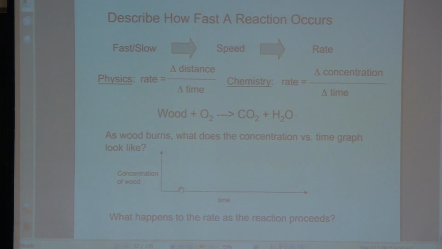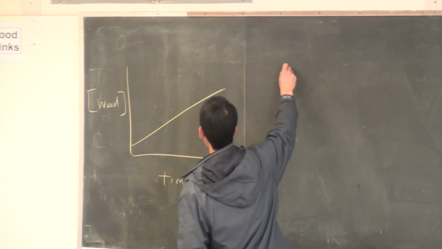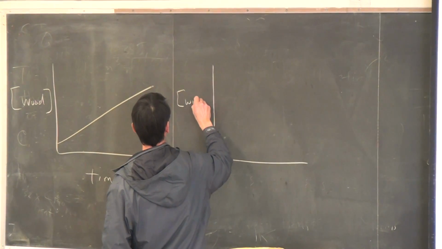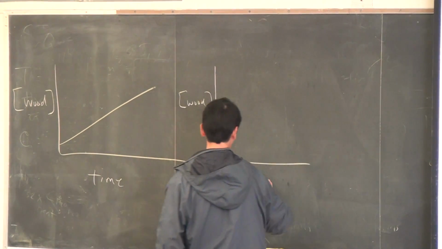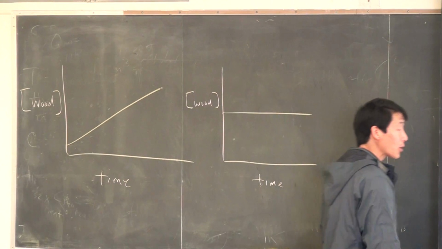Okay, so this is the concentration of wood. Does the graph look like this, or does it look like this? Does it look like that, or does it look like this?